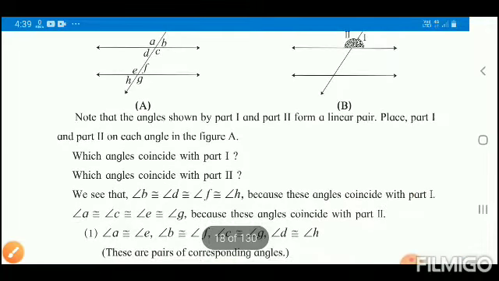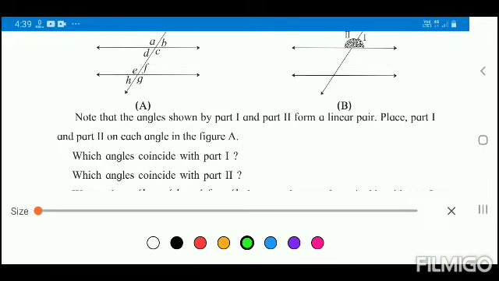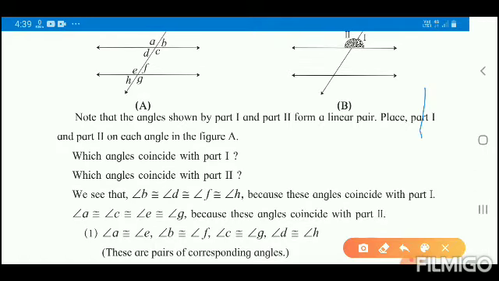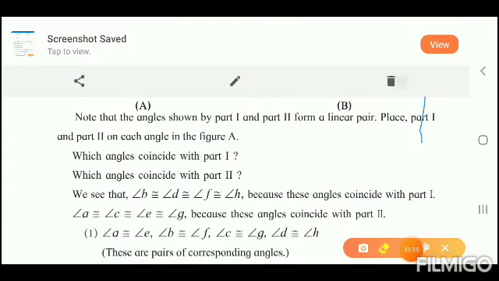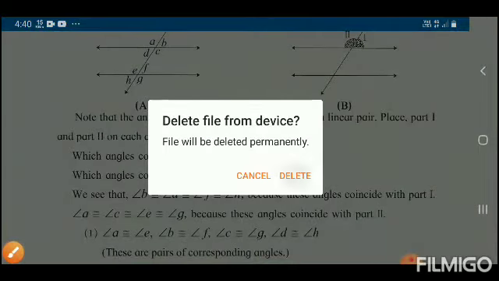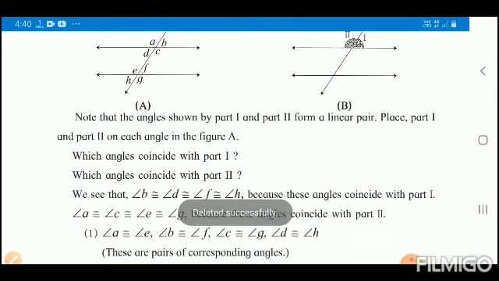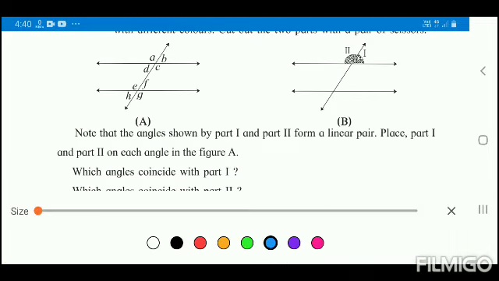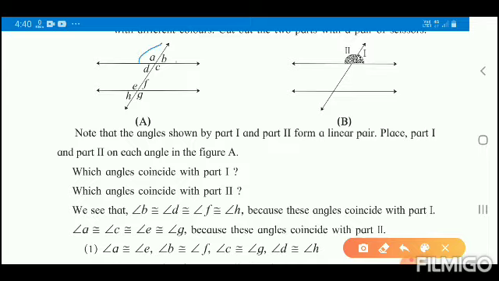Now we see angle B is congruent to angle D, congruent to angle F, congruent to angle H. Now again see here in figure A, angles A and C, then angle B and angle D. These angles are also congruent.